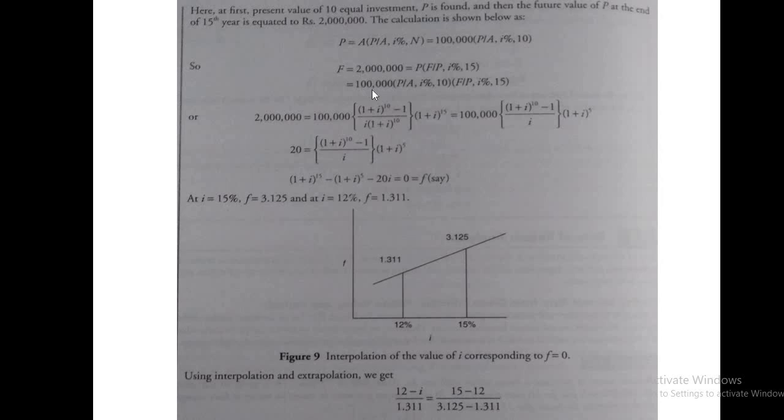We use it here. Particularly here, a combination of two formulas is used. The future worth analysis formula is also used here.